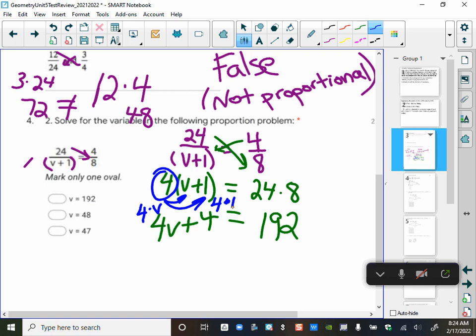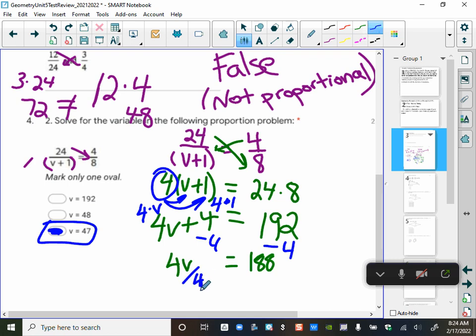All right. Minus 4. 188. Divided by 4. And then, there you go, v is 47.